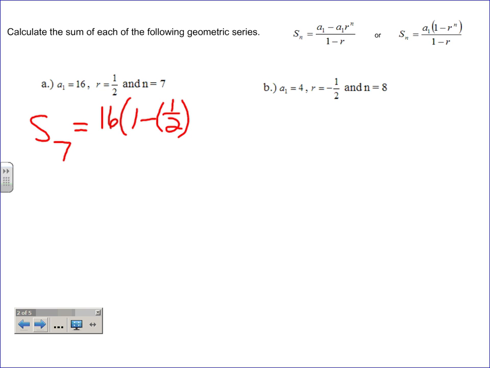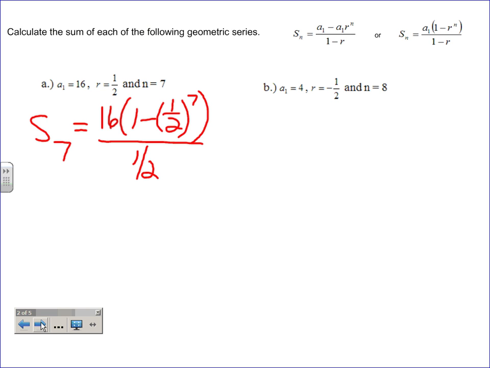And then it says to take it to the nth power, so 7, all over 1 minus 1/2. Before I ever go to the calculator, I like to figure out the denominator, because normally it's something we can figure out pretty easy. This one is 1 minus 1/2, and so the denominator is just 1/2, right? And so you can just write it that way.